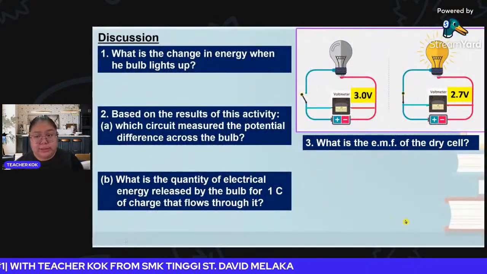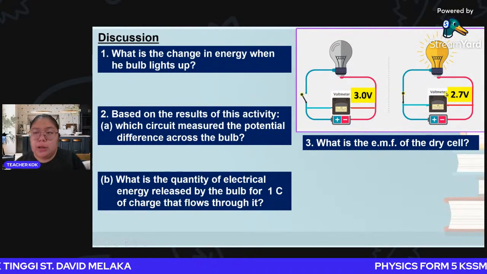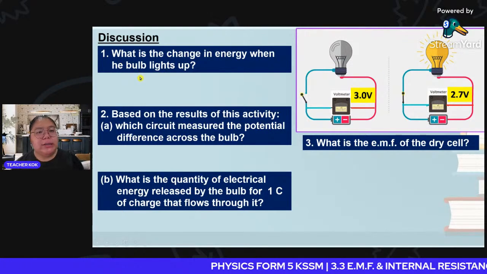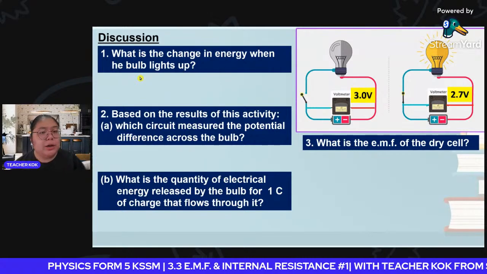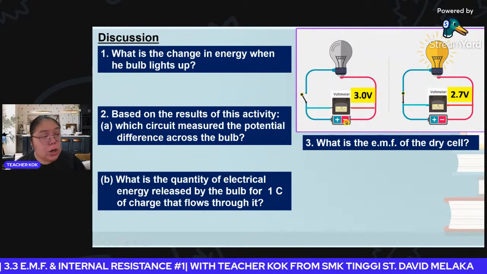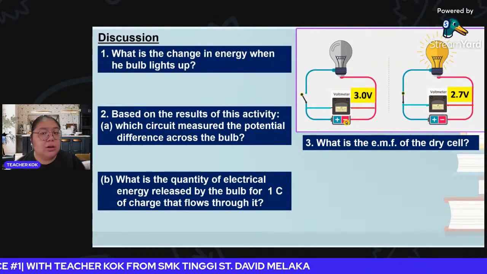Now we do some discussion. This one is open circuit 3 volt, closed circuit 2.7. The first question: what is the change in energy when the bulb lights up? What energy is converted? First, you can say chemical. Number two, electrical.